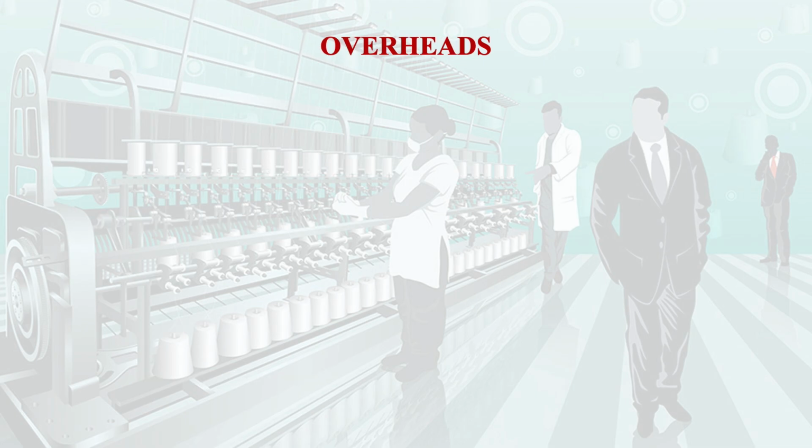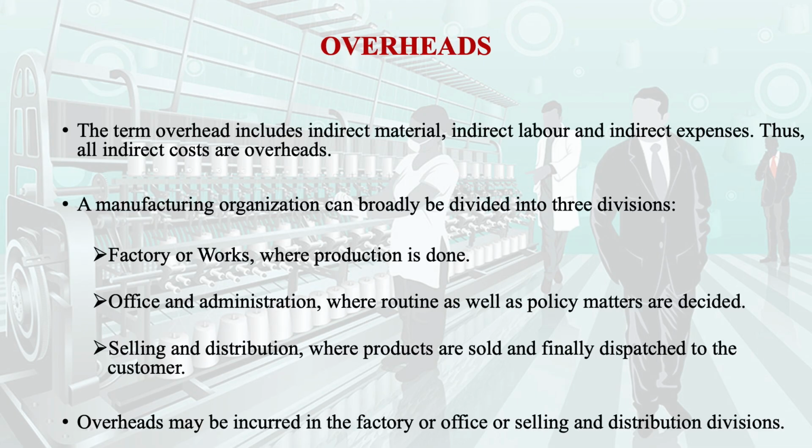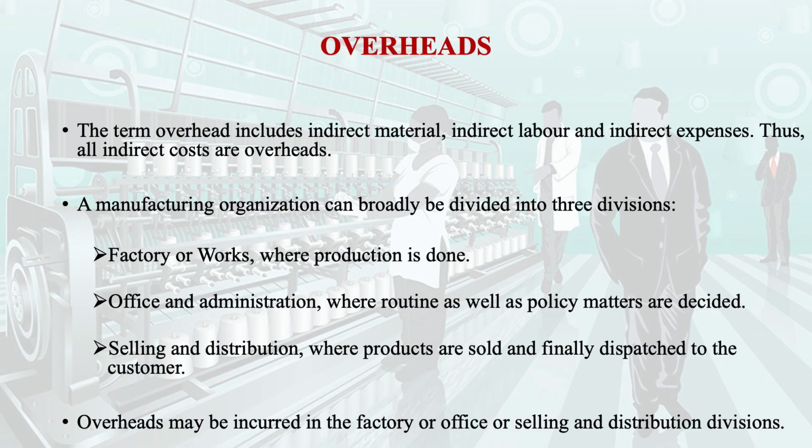Another element is overhead. As the term implies, it is anything which is beyond the direct cost. So all the indirect material cost, indirect labor cost and indirect expenses will come as overhead. For convenience, we have divided the overhead expenses into three divisions. First, factory or works, where the production is done.